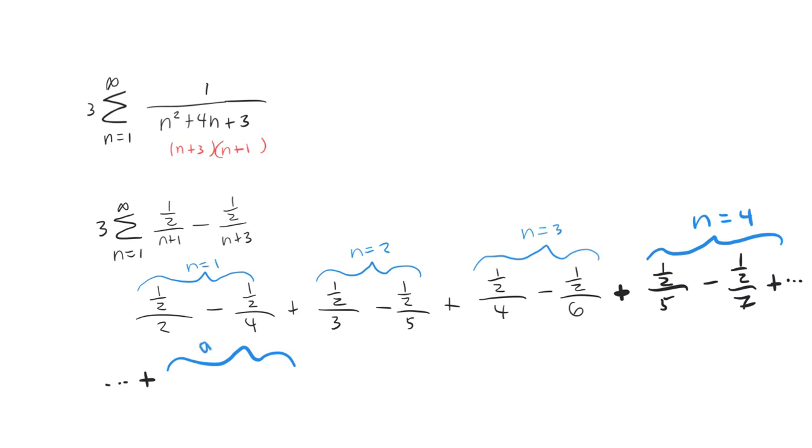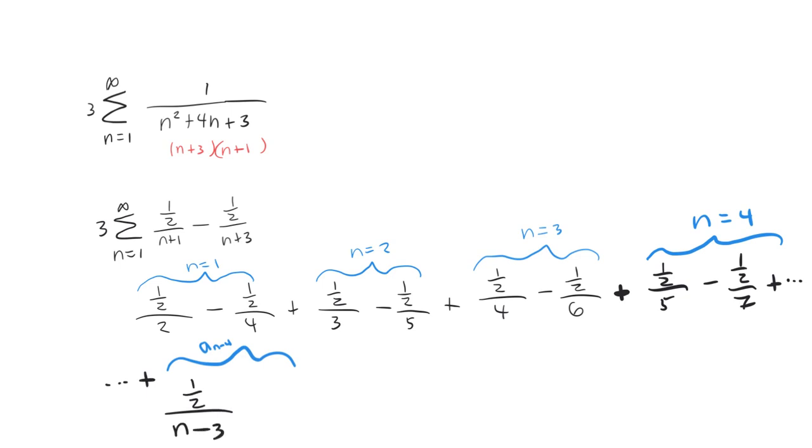a sub, let's say, n minus 4, okay? Now if that was the case, it would be 1/2 over n minus 4 plus 1, which is n minus 3.